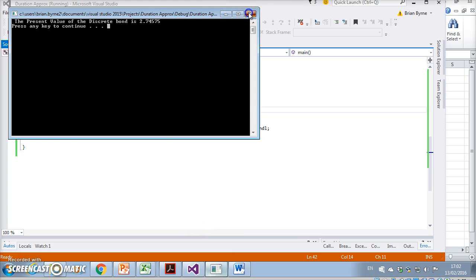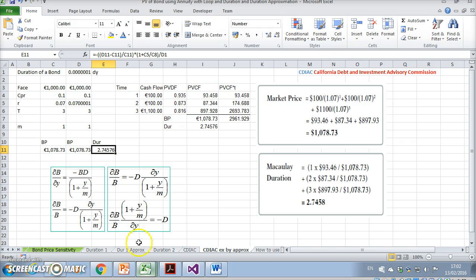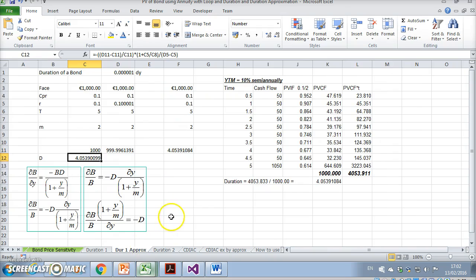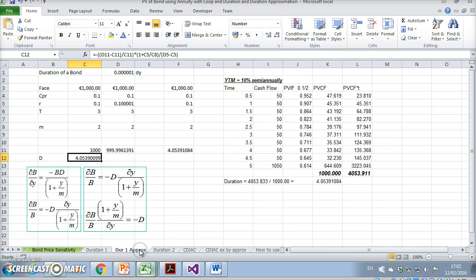Okay, so let's verify that then against another example. What if we take the example of the duration here.